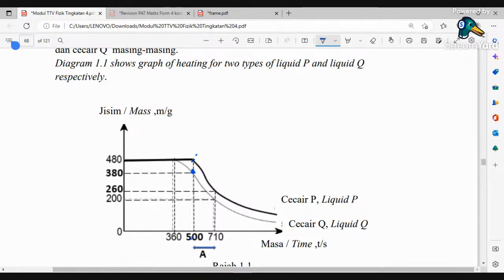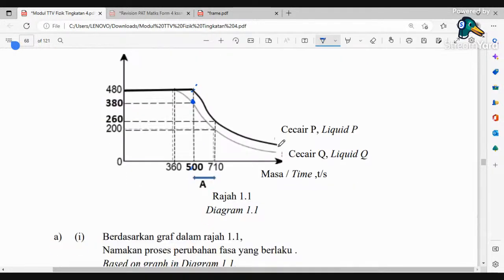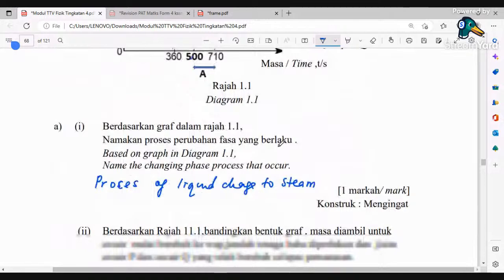So change to steam for Q occurs faster than liquid P. Kita look at the shape to compare. Ini kena tulis 5 point.